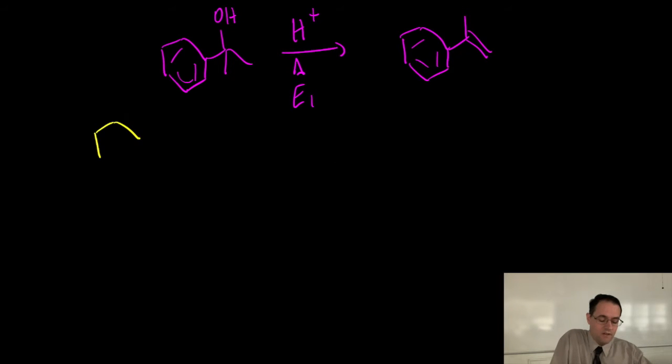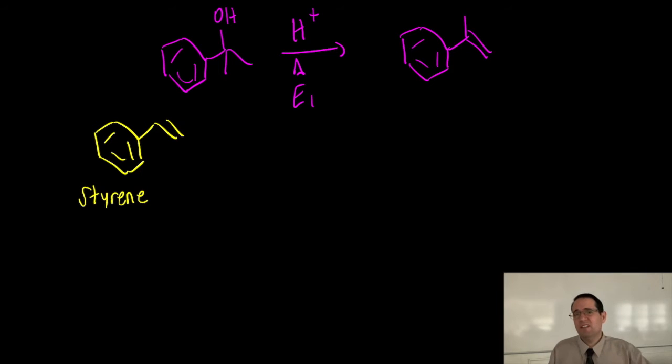Now, remember, we call this thing styrene. And polystyrene is a polymer made from that. It's used in packing peanuts or the plastic little straws that you use for stirring your sugar or cream into your coffee.